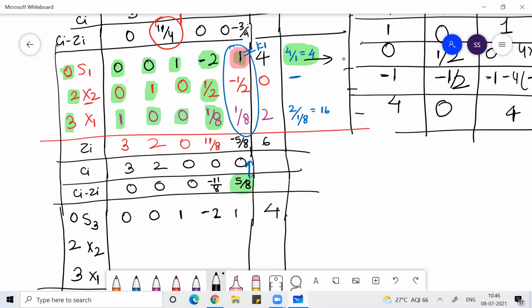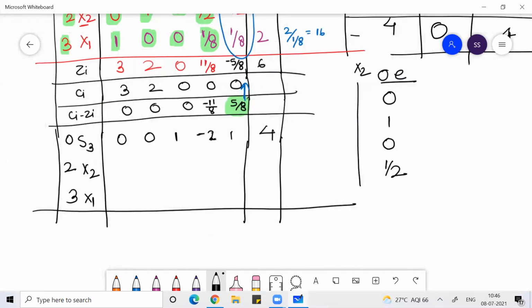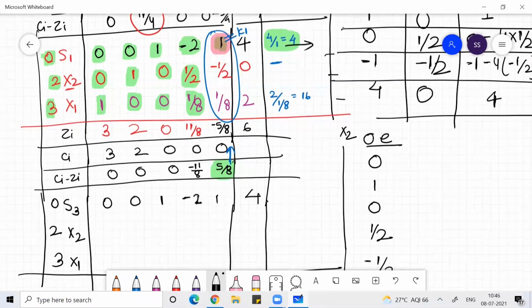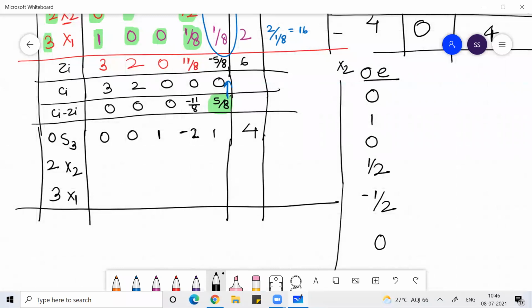Now I'll find the new values of X2 and X1. So write down the old values of X2. Suppose I want to do the calculation of X2, the old values of X2 are 0, 1, 0, 1 by 2, minus 1 by 2, 0.